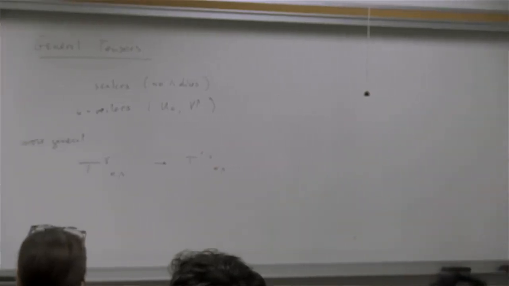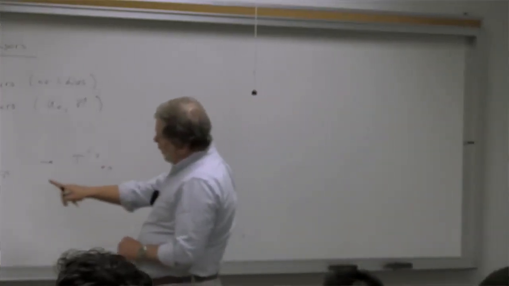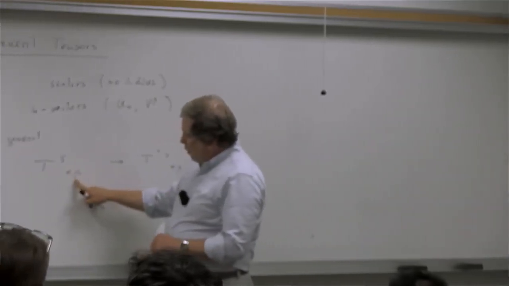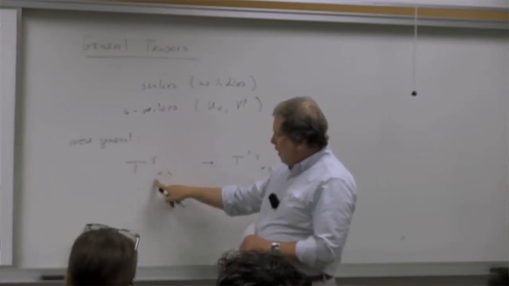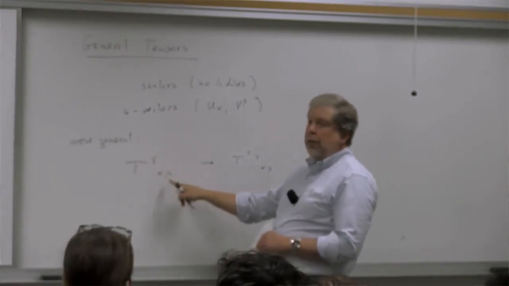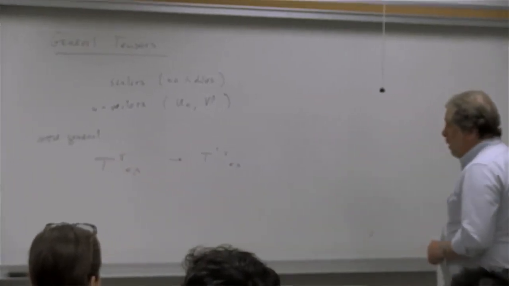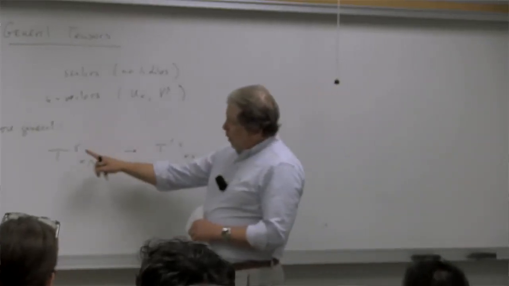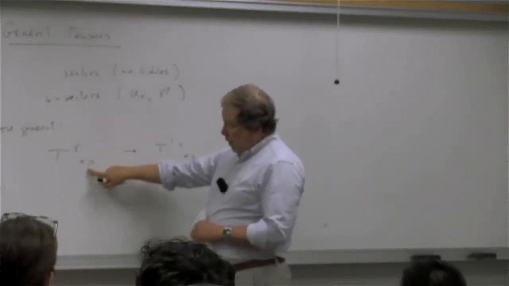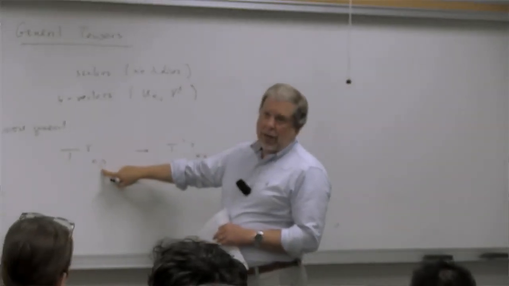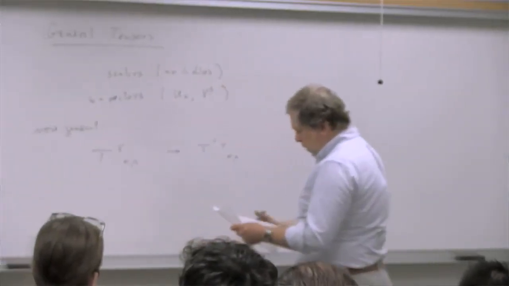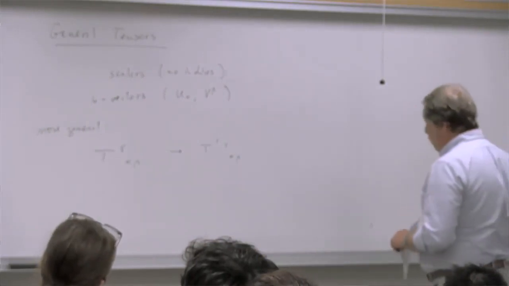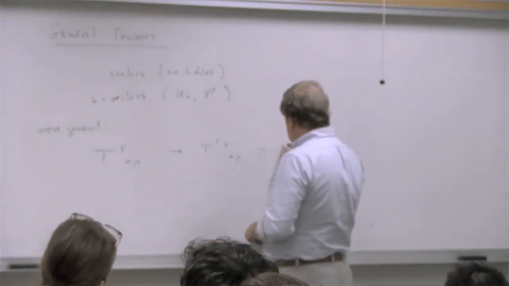This object, which has in the first position, by the way, the position is important, in the first slot an index which is upstairs, in the second and third slot an index which is downstairs. This tensor will transform in a way such that it is covariant in the indices alpha and beta and contravariant in the index gamma, right? So it means that it transforms according to lambda gamma delta.